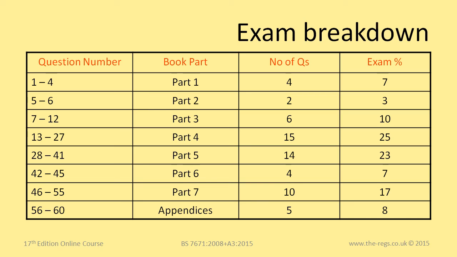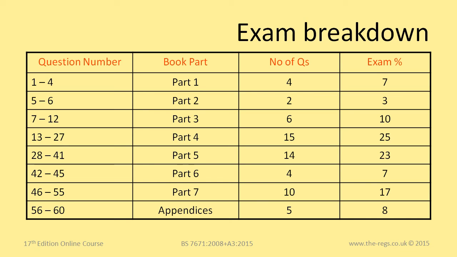But getting back to the exam, I just want you to notice you've got parts 1 to 7. If you look on the table of contents, you can see what page the appendices starts on, and the appendices start on page 296. If you look at that exam breakdown, how many questions are there on the appendices? 5.